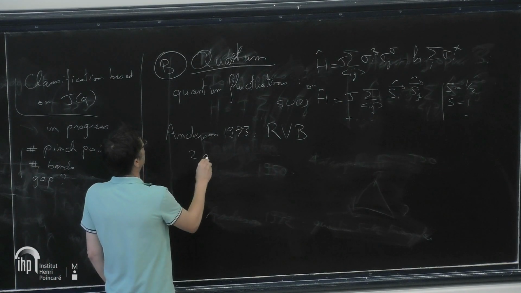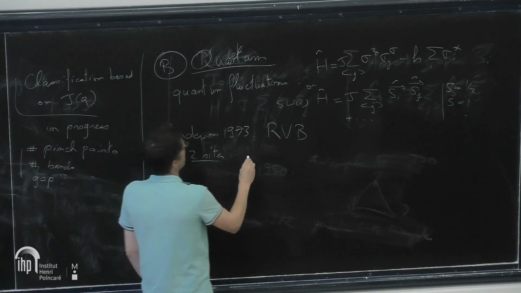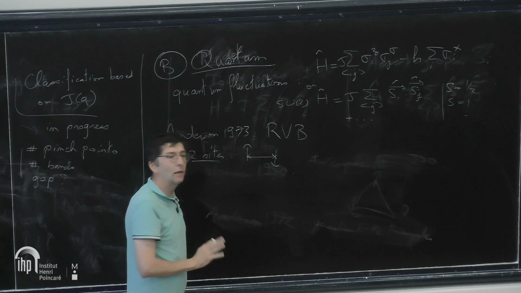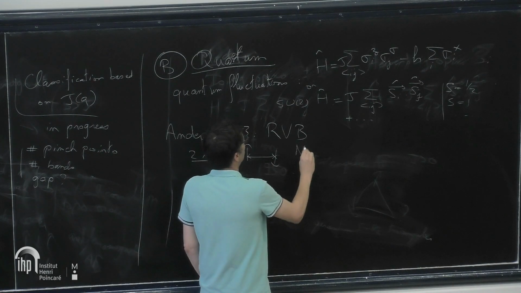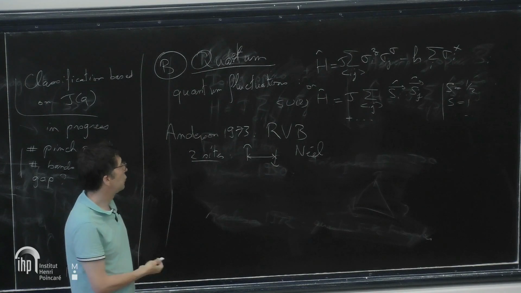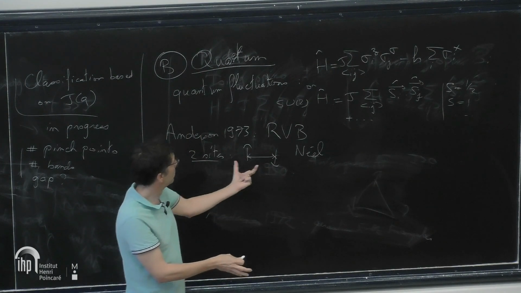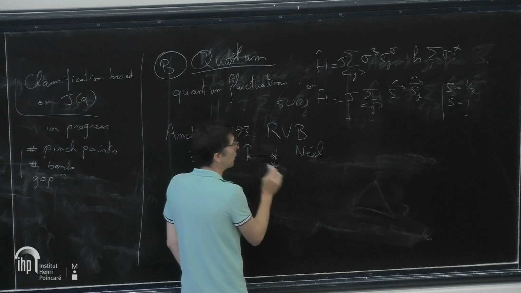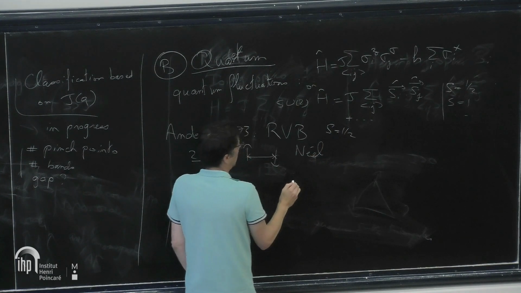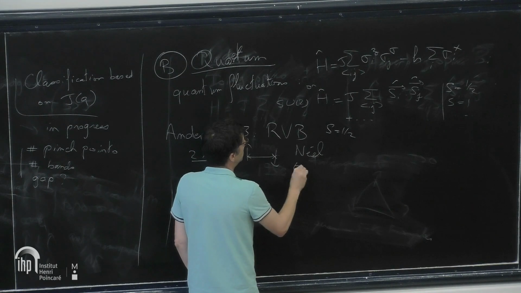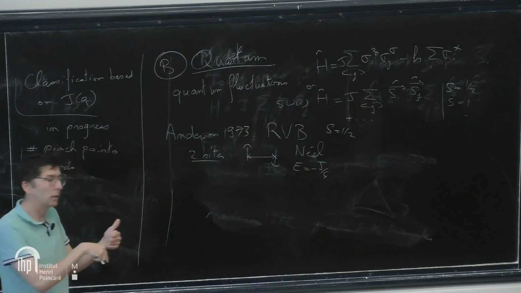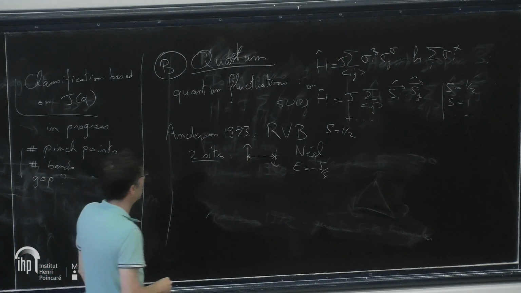If you just take two sites, if you have classical vectors, this was more the idea of Néel. If you compute the energy, now it's just S^z, let's say, so it's spin 1/2, so the energy will be 1/2 times minus 1/2, minus 1/4.